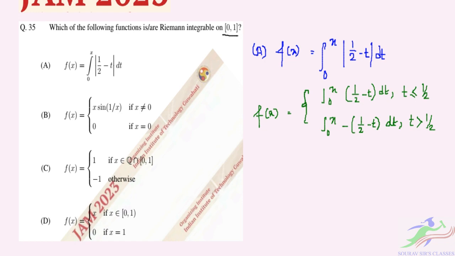So if we integrate these two functions, for t less than or equal to half and for t greater than half, let us write this integral in a proper manner.